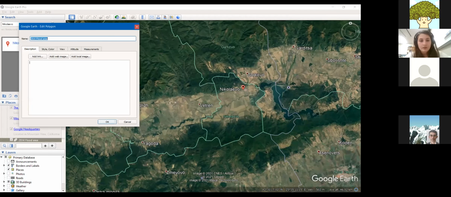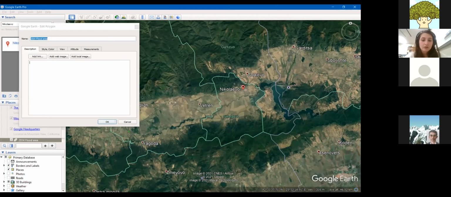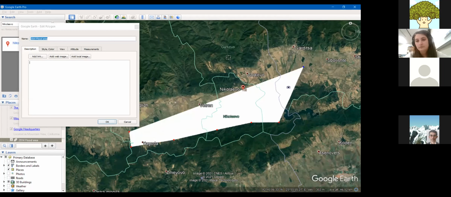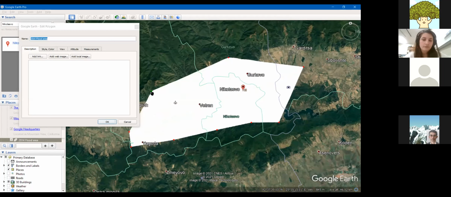You should not close the window while you're still creating the polygon. So I will select roughly the area that was affected. I think this is about it.